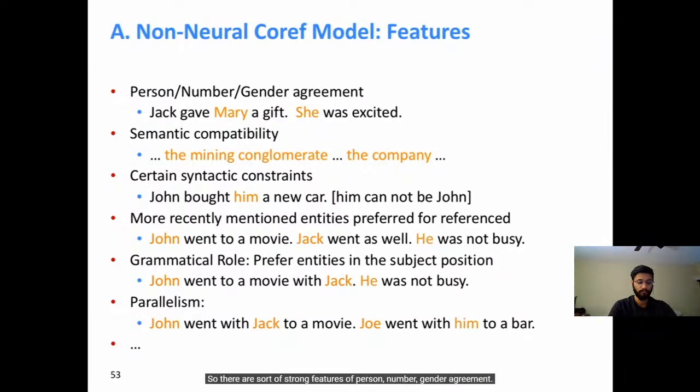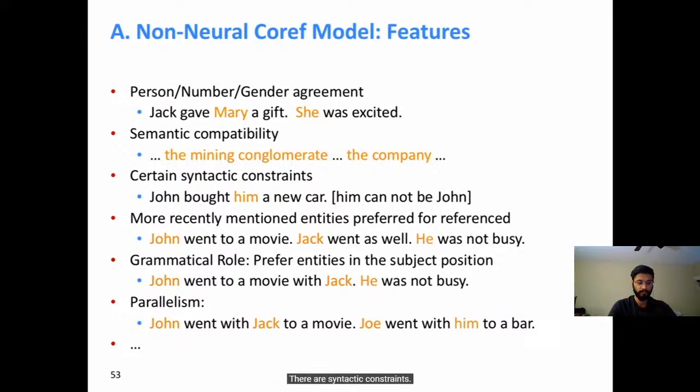There are strong features of person, number, gender agreement. So if you have a masculine or feminine pronoun, you want to find an appropriate antecedent for it. There are weaker semantic compatibility features. So the mining conglomerate, the company: a conglomerate might be similar to a company. You could use something like word2vec similarity and assess that.